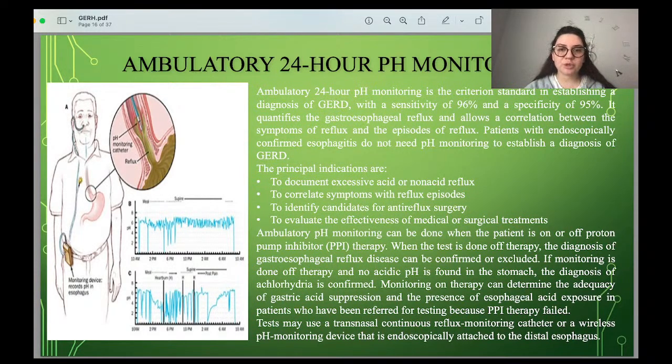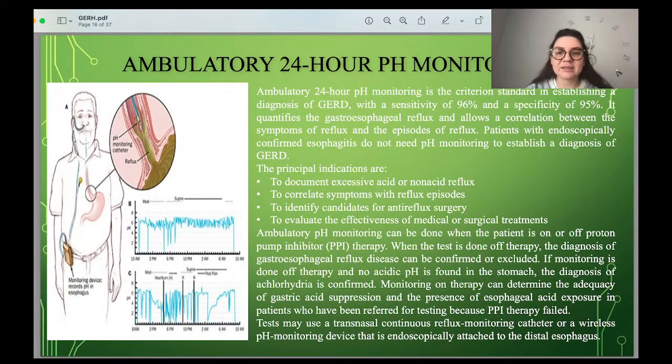Ambulatory pH monitoring can be done when the patient is on or off proton pump inhibitor therapy, or PPI therapy. When the test is done off therapy, the diagnosis of GI reflux disease can be confirmed or excluded. If monitoring is done off therapy and non-acidic pH is found in the stomach, the diagnosis of achlorhydria is confirmed.